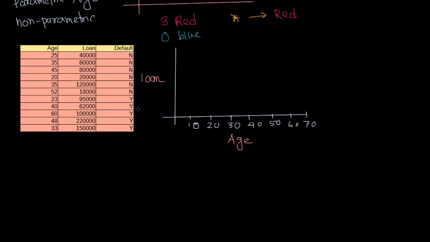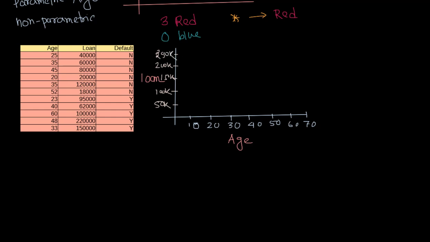Let's say 50k, we have 100k because it is in terms of k only, we have 150k, 200k, 250k.